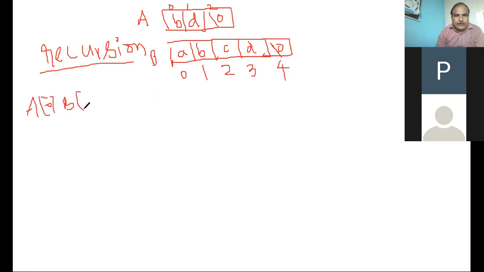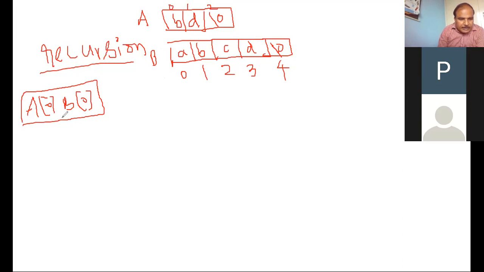Are they equal? In this case, no. So first we are comparing A of 0 and B of 0.